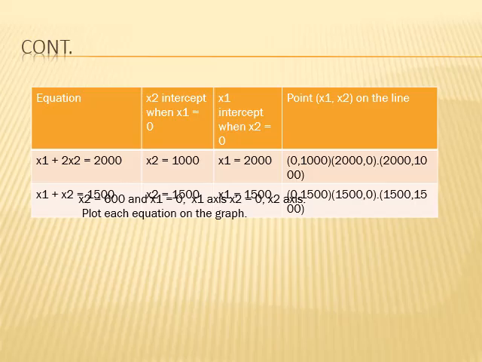Firstly, x2 equals 600 when x1 equal 0. This is the last. So the points for the first constraint are (2000, 0) and (0, 1000), and for the second constraint they are (1500, 0) and (0, 1500).